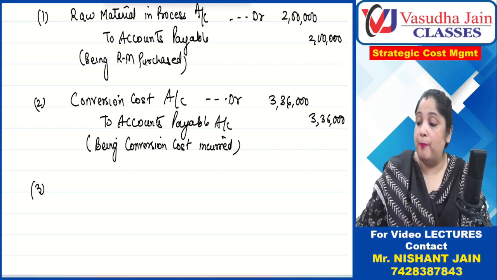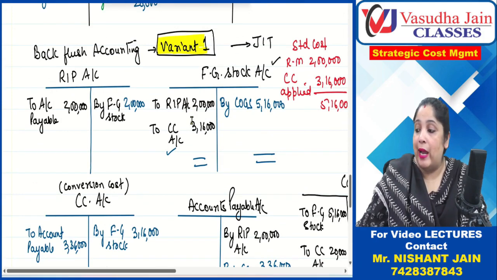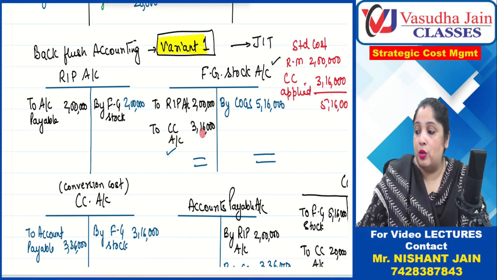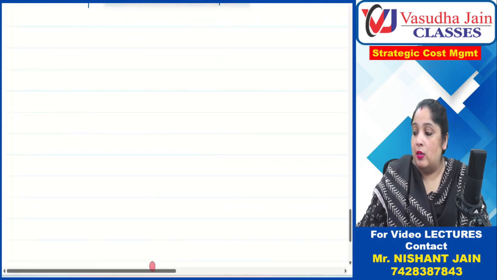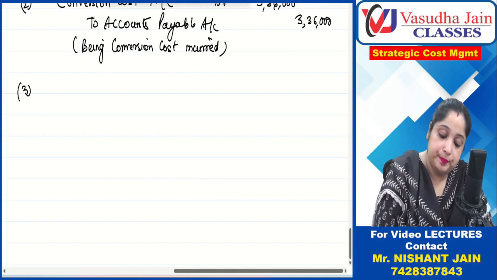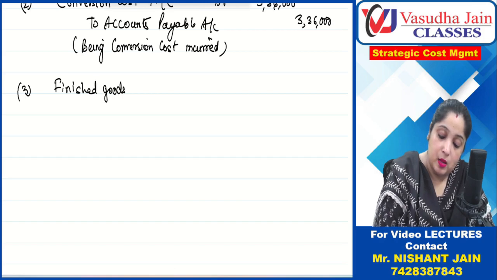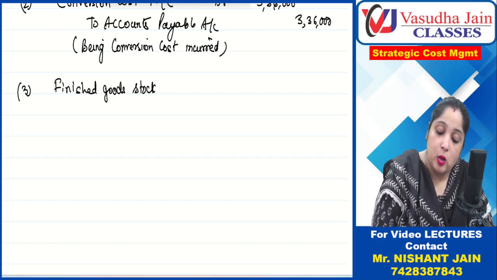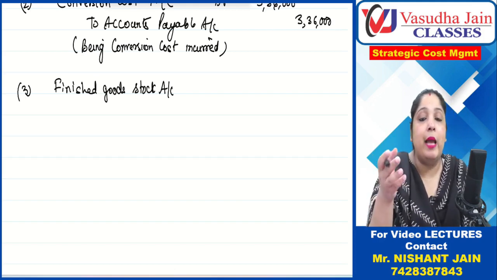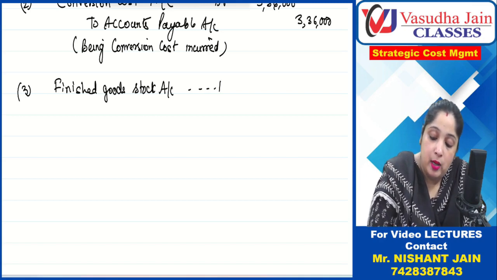Then third, now the main part, finished goods. Now let us see the entries here. Finished goods have been valued at how much? From your raw material in progress 2 lakh and conversion cost 3,16,000. So the entry will be finished goods stock account debited with these two, right? This is a standard cost. Even the word stock can be removed from here, because in just in time we do not keep stock of finished goods, we directly sell it out.